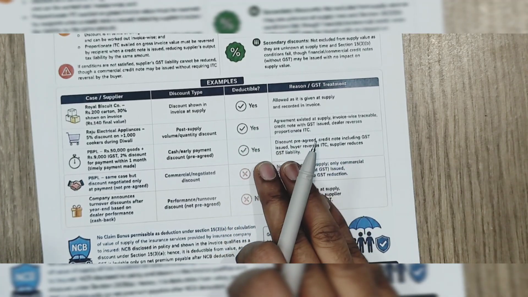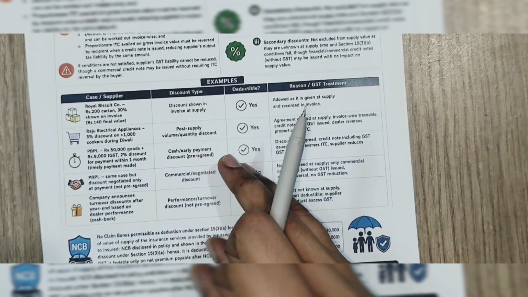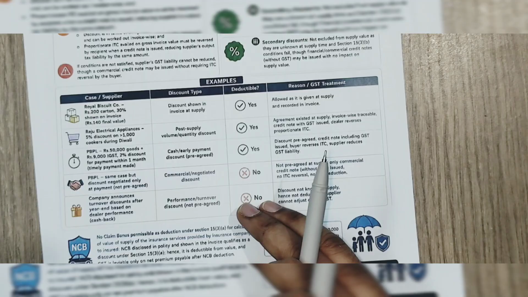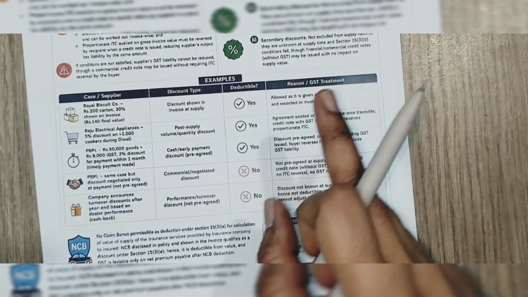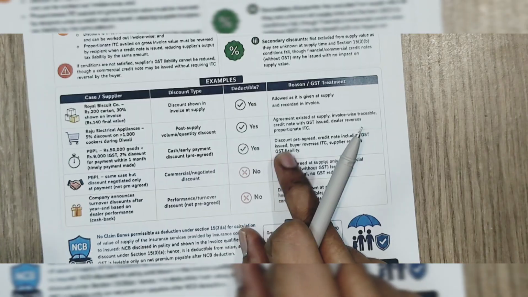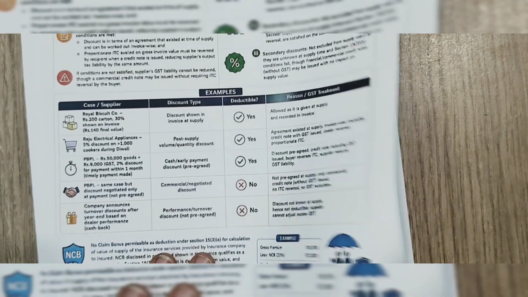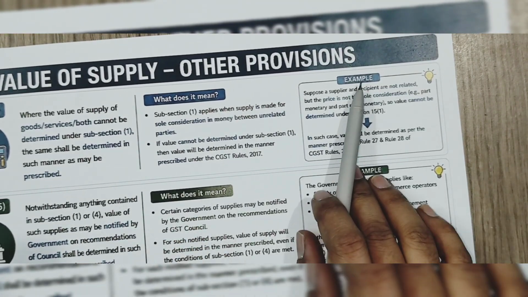It was 50,000. The insurance company said, because you are paying all the premium together, they will give a no claim bonus of rupees 5,000. That 5,000 is eligible, and only 45,000 will be considered for the GST.